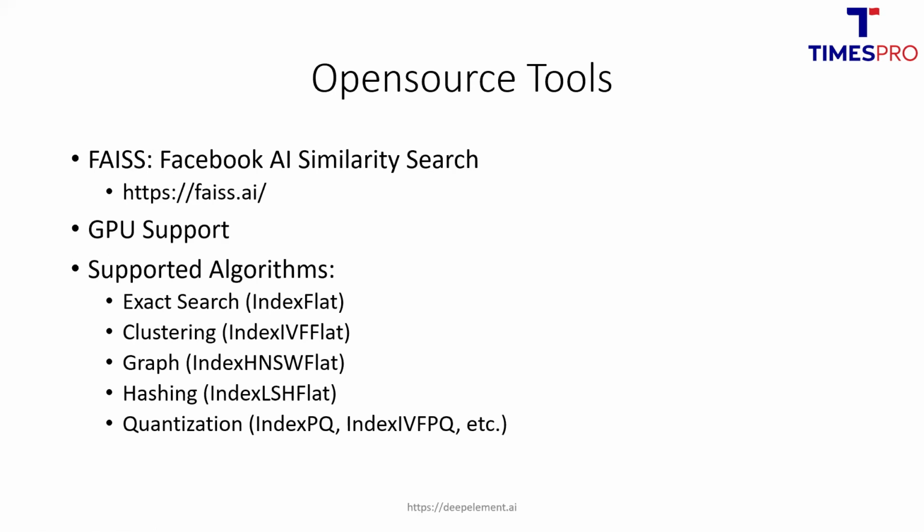It is also an open source library, has fantastic GPU support, and supports a wide range of algorithms: exact search, clustering based, graph based, hashing, quantization. It supports almost all of them, except maybe for the tree part of it. It is a very efficient library. So if you want to start somewhere, this would be a very good starting point.